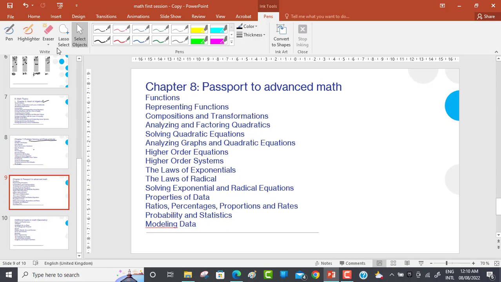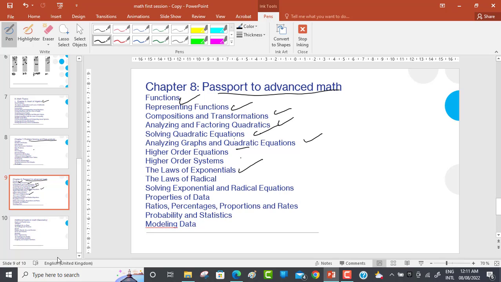The third chapter is Passport to Advanced Math. It is about functions, solving quadratic equations or quadratic functions, and about equations and laws of exponents.